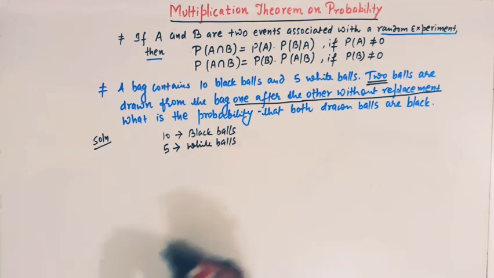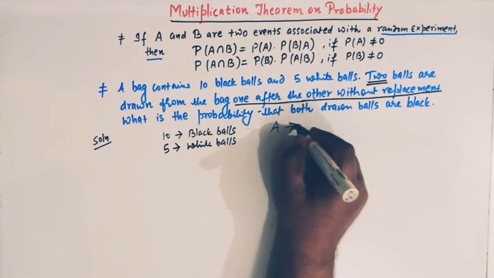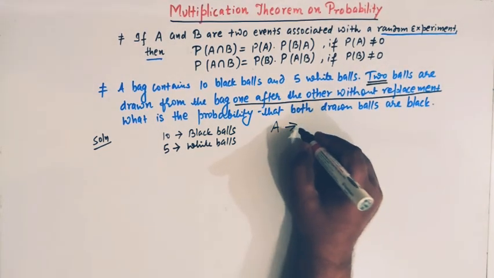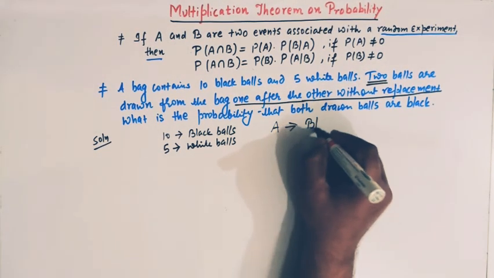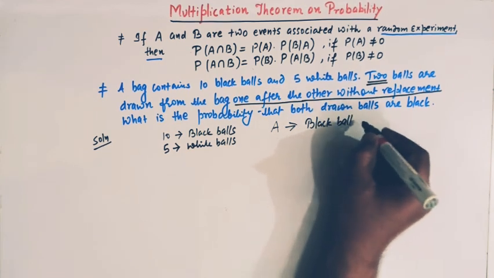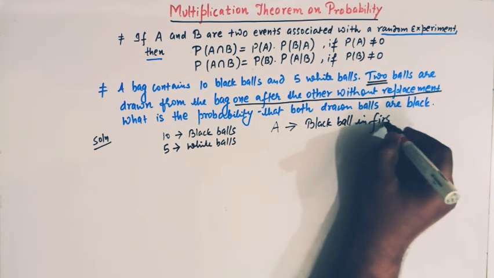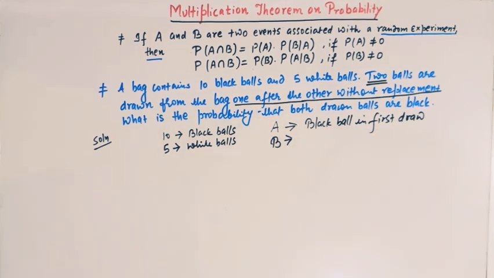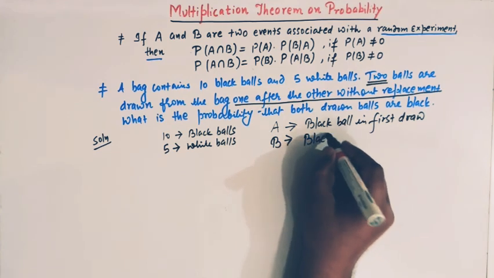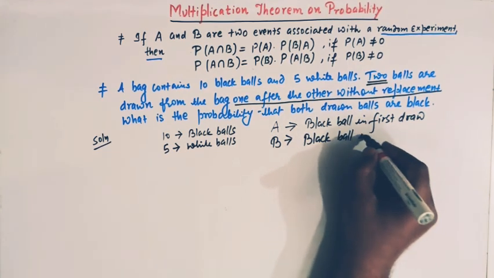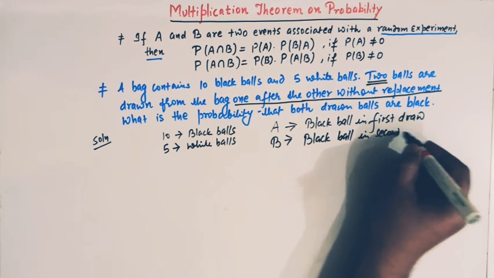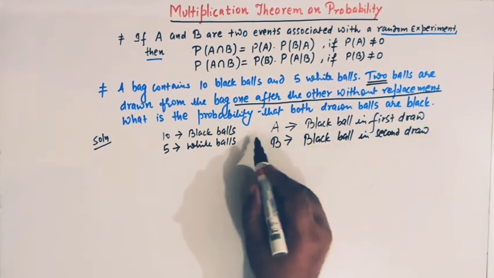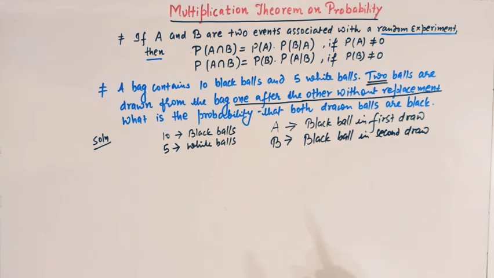So what we will do, let us assume the event A as getting a black ball in the first draw, right? And let us assume the event B as getting a black ball in the second draw, right? So it means in the first draw we'll have a black ball, and then in the second draw we'll again have a black ball.